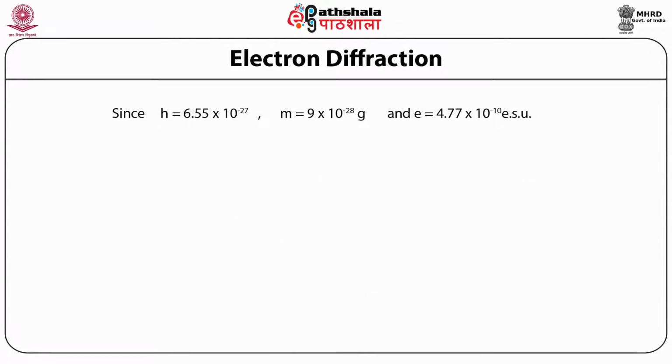Now, since h is equal to 6.55 into 10 raised to the power minus 27, m is equal to 9 into 10 raised to the power minus 28 g, and e is equal to 4.77 into 10 raised to the power minus 10 ESU, lambda will come out to be equal to under root of 150 by V into 10 raised to the power minus 8 centimeters.